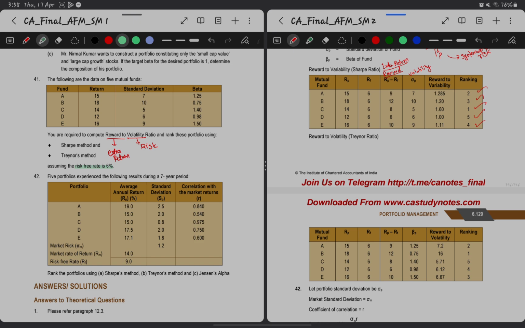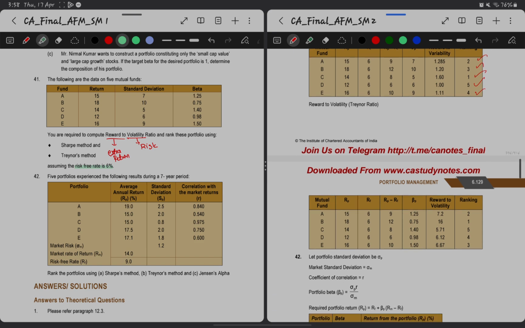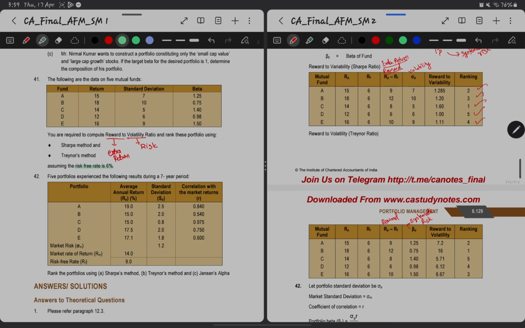Now the reward to volatility by Treynor's ratio will be the second requirement. As we know, in case of Treynor's ratio, we have to use beta instead of the standard deviation. Beta indirectly signifies the systematic risk portion. So this RP minus RF is the reward which we are talking about. So 15 minus 6, this we have already calculated in the above table. The same thing we can plot here. Then we have to just divide, and the denominator changes.